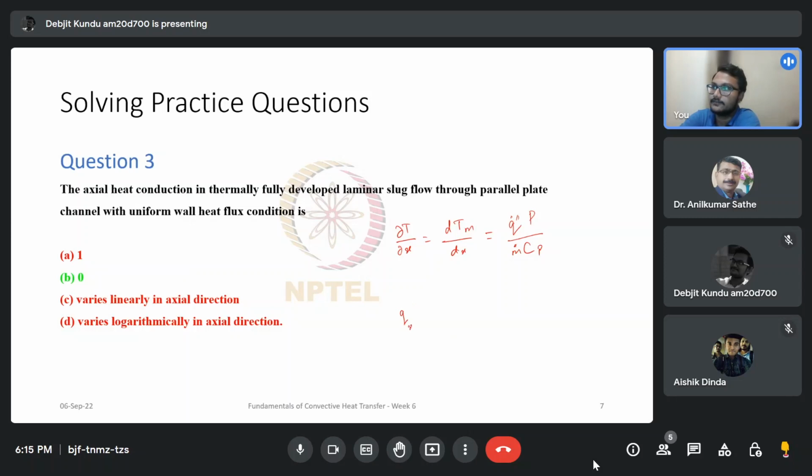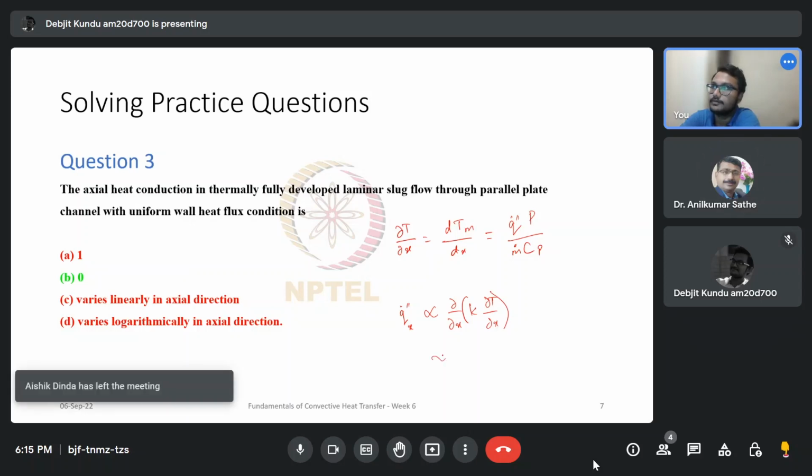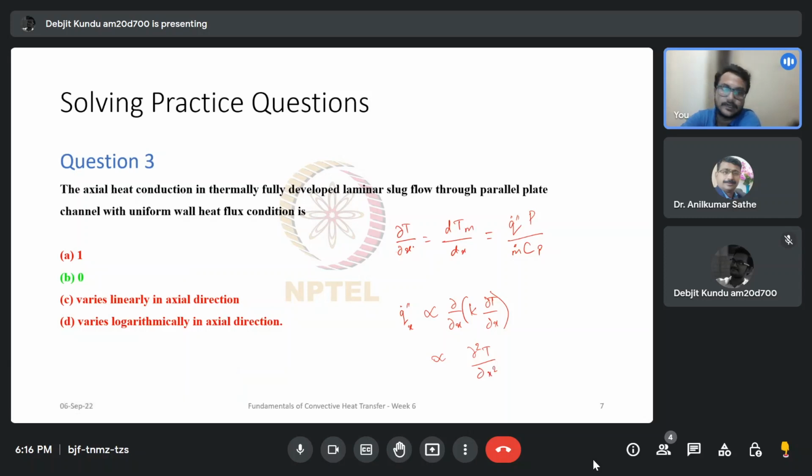So if we try to find out the actual heat conduction, I will write this way. This would be proportional to ∂/∂x of (k ∂T/∂x), and if we take k constant, this would ultimately be proportional to ∂²T/∂x². Since we know that ∂T/∂x is a constant, the second derivative boils down to 0, since the derivative of a constant is 0.